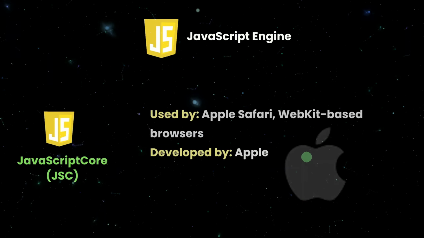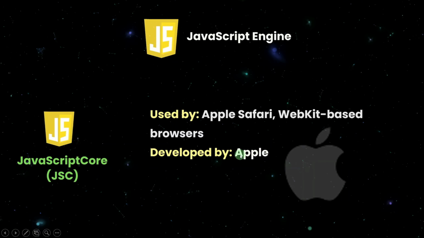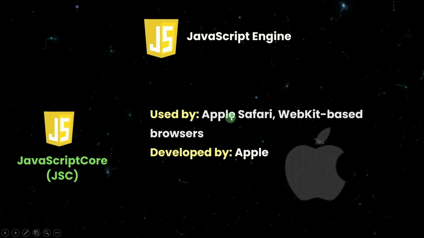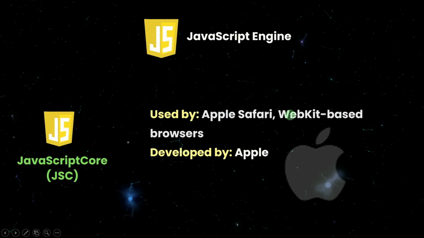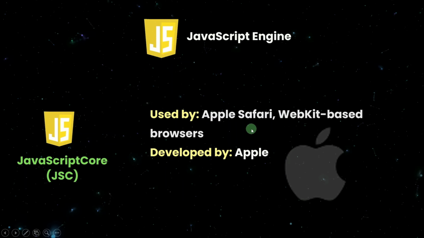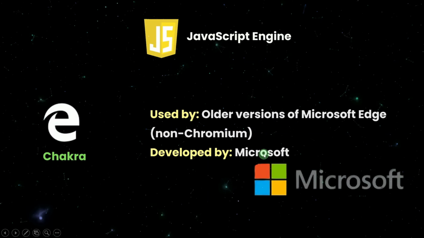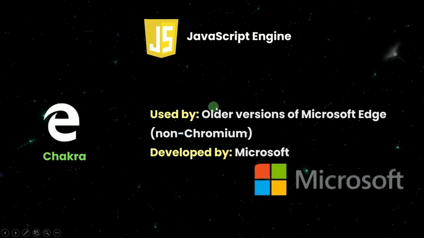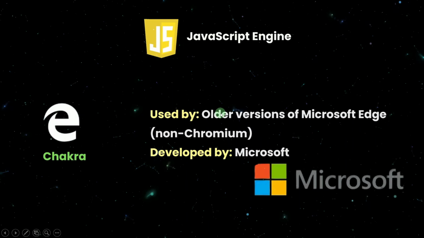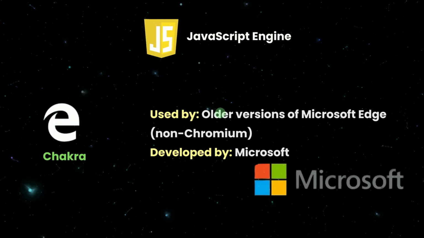Then we have JavaScriptCore, developed by Apple, which is used in Apple Safari and also in WebKit-based browsers. Then we have Chakra, developed by Microsoft and used in old versions of Microsoft Edge.